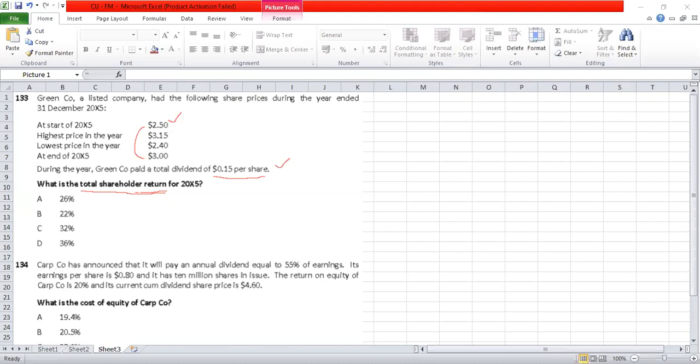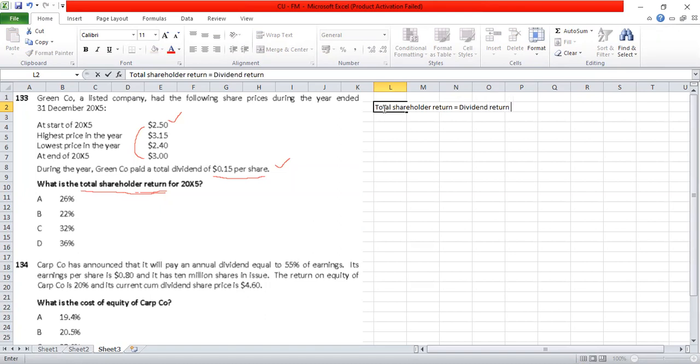That is, total shareholder return is equal to dividend return.